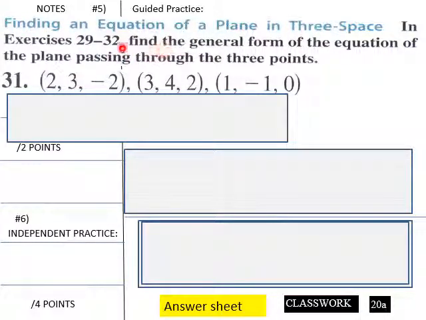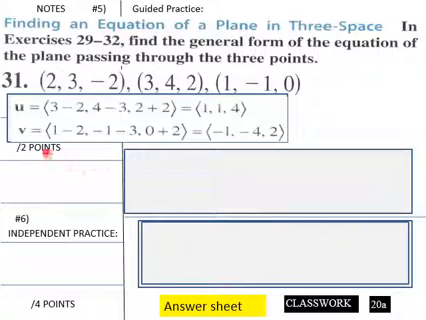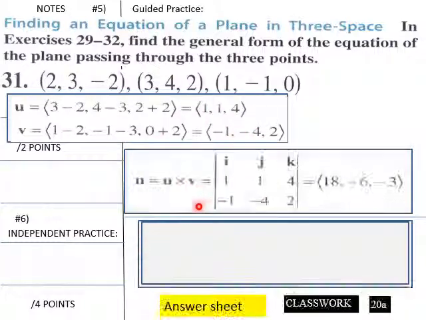Now, let's go into our guided practice. In these exercises, find the general form of the equation of the plane passing through these 3 points. Here's our u and our v, with direction vectors 1, 1, 4 and negative 1, negative 4, 2.